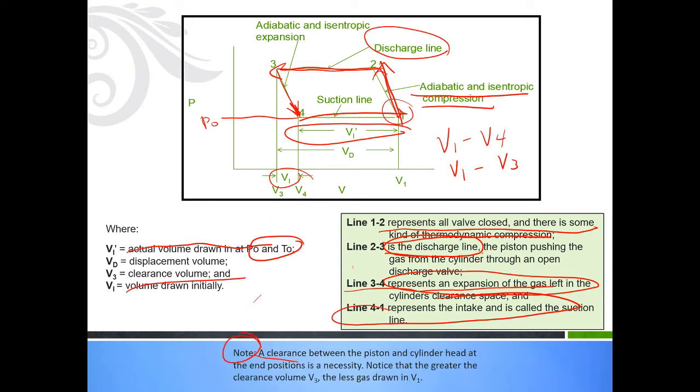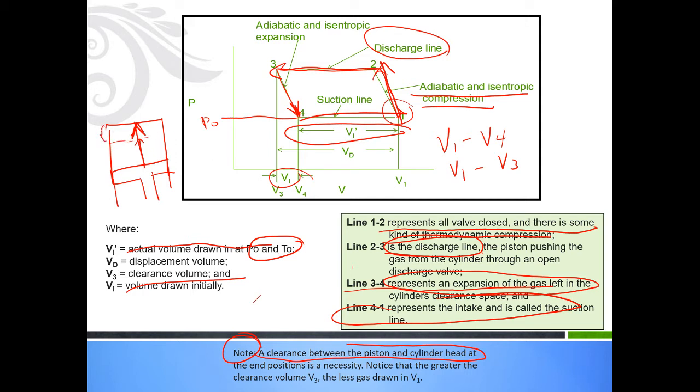So, ba't may kailangan ng clearance between the piston and cylinder head? Kung ito yung cylinder, ito yung piston, okay? Pag nag-compress yan, ano ba siya? Sinasagad niya ba sa dulo? Hindi. Lagi siyang may clearance.